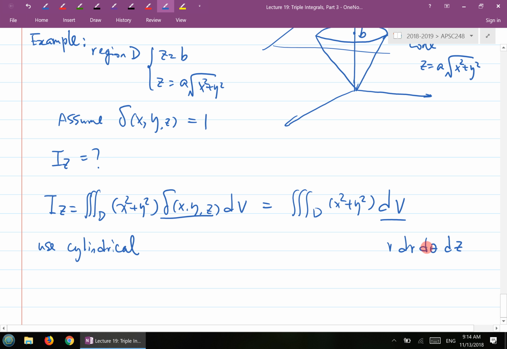You need to change that, and x squared plus y squared you also need to change to cylindrical coordinates. Your x is r cosine theta, y is r sine theta. Those are just some of the prep work, then x squared plus y squared becomes r squared.